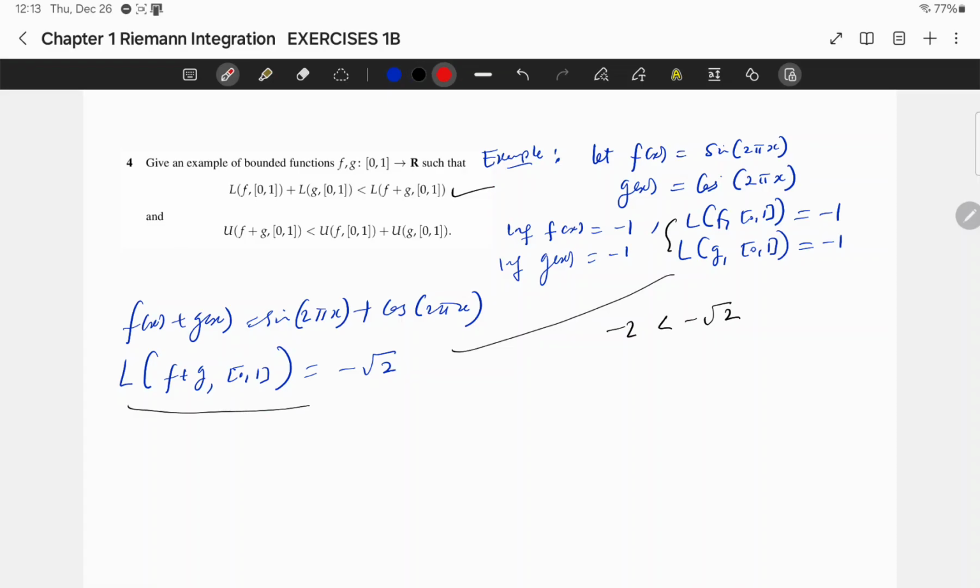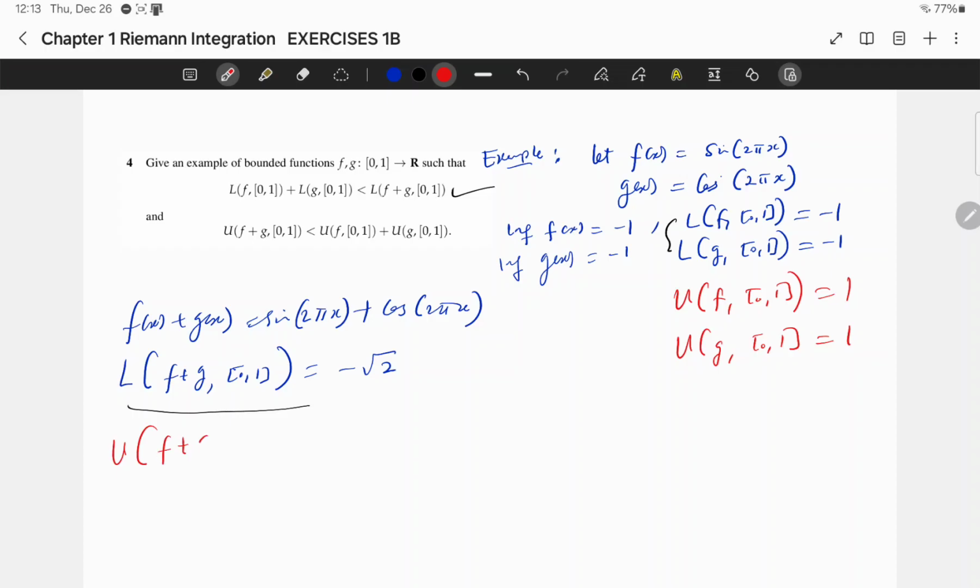Then the upper Riemann sum also. The upper Riemann sum of f will be positive 1, and for g also that will be positive 1. Then the upper Riemann sum of these two guys will be positive 2.